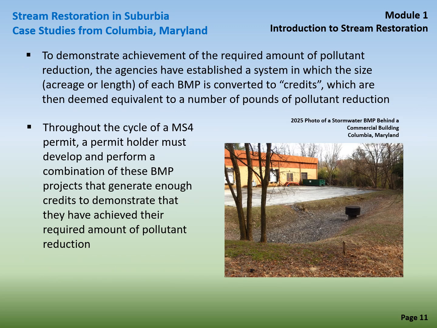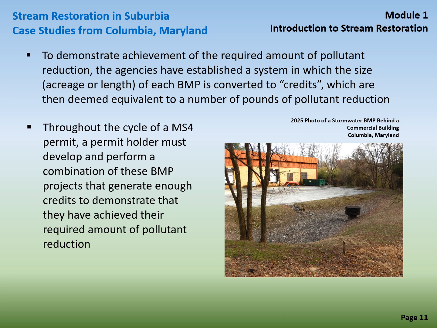So for these permitted parties to demonstrate that they've achieved the amount of pollutant reduction that they're supposed to achieve under the permit, the agencies have established a system where they equate the size of a BMP, so the acreage of a pond or the length of a stream, and they convert it to credits.